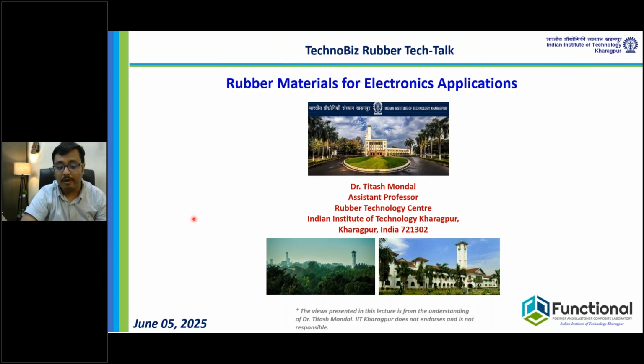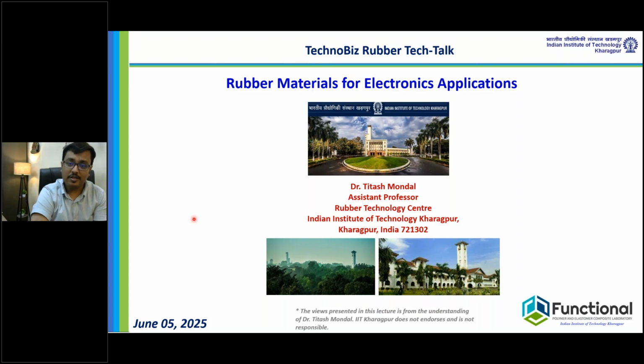We are doing compounding, which is regularly done in many places, but with certain minor tweaking, and giving it a new application. My research team's application is mostly focused on the electronic space. So for the next 1 hour, we are going to talk about the different developments that we are doing.